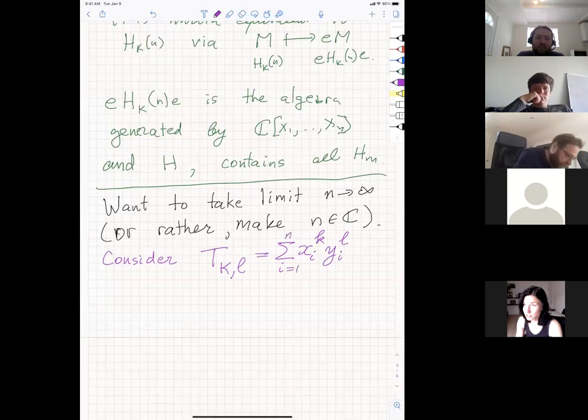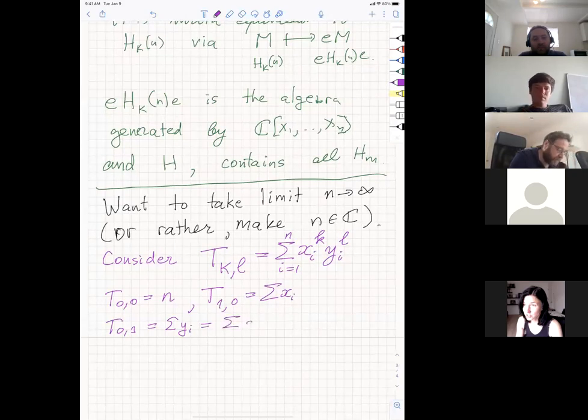So in particular, T_{00} is just n. And then let's say T_{10} is just the sum of x_i. T_{01} is the sum of y_i, which is the sum of the derivatives d_i. And T_{02}, so I will actually put e on both sides, so this will be an element of this spherical subalgebra.